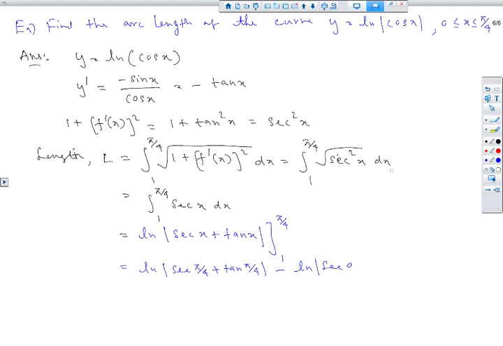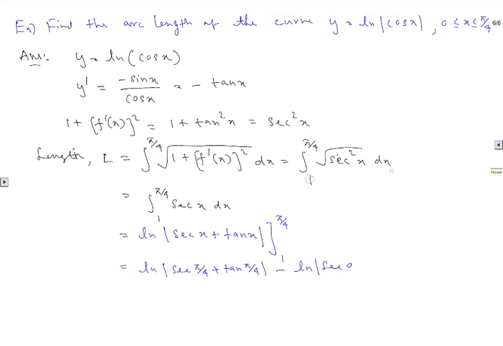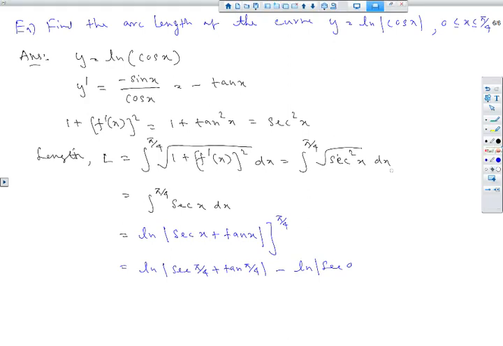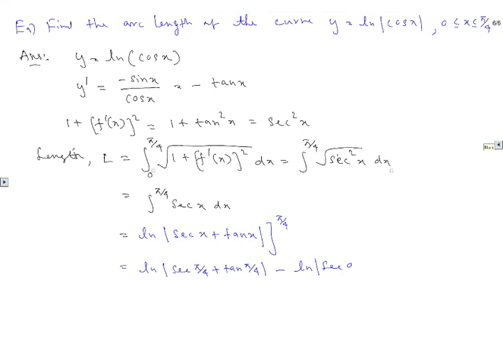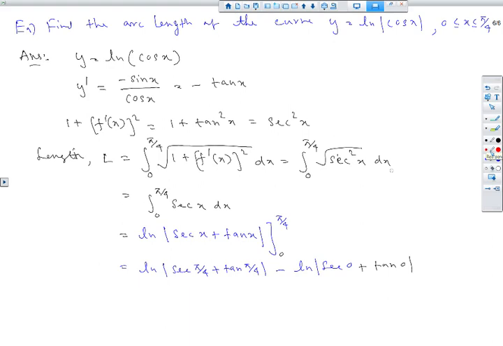I think I made a mistake here, there, and there. So this is 0, it's not 1, it's 0. So it is 0 and secant 0 plus tan 0. Let's try to find those values.